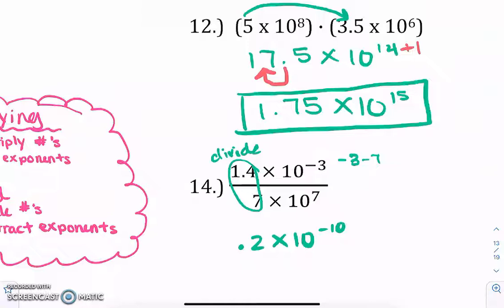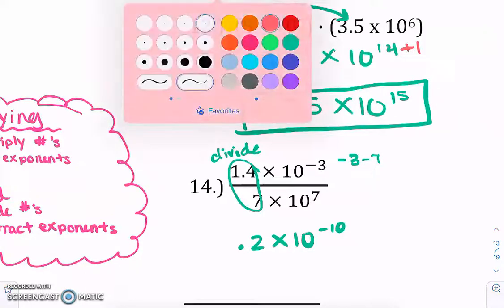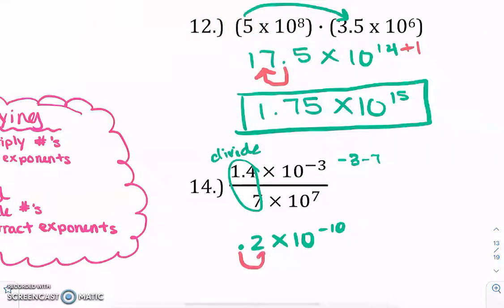Okay, so when we're doing this, your number, the decimal, has to be between 1 and 10 for it to be in scientific notation. So 0.2 is not between 1 and 10. You need a single digit in front of that decimal value. So what needs to happen is we actually want this to be 2.0.